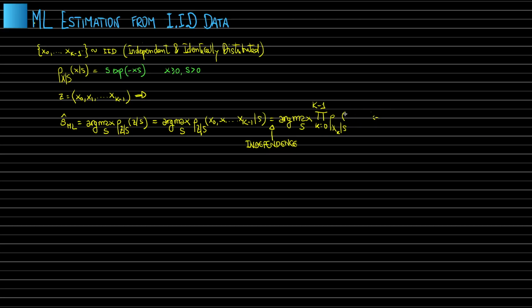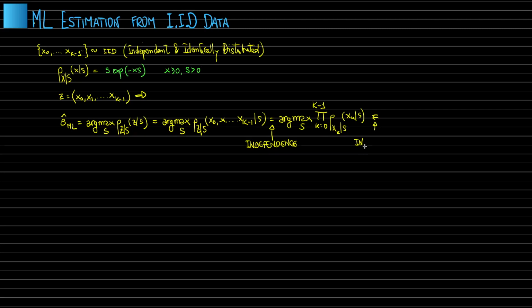This is the product of the density of each one of the observations. And now we can apply the identical distribution property.